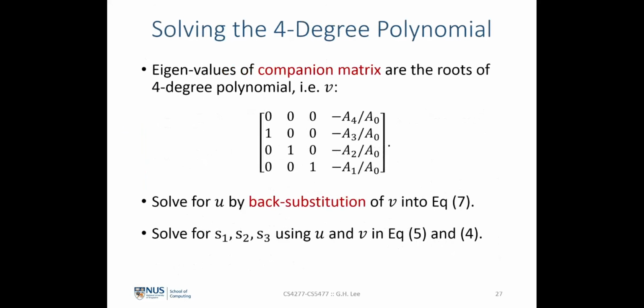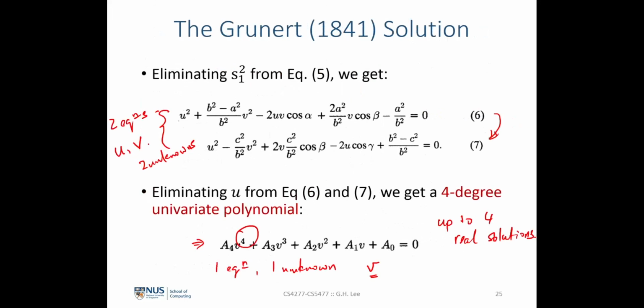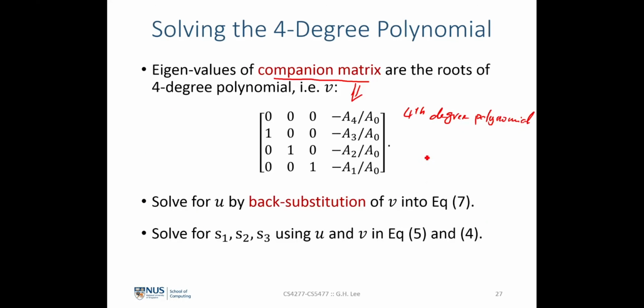So one way to solve this is to use what we call the companion matrix, where the companion matrix of a 4-degree polynomial is given by this particular matrix over here. This is the companion matrix of a 4-degree polynomial, which is in this form, where the polynomial is a4 v to the power of 4 plus a3 v to the power of 3, all the way until a0 equals 0.